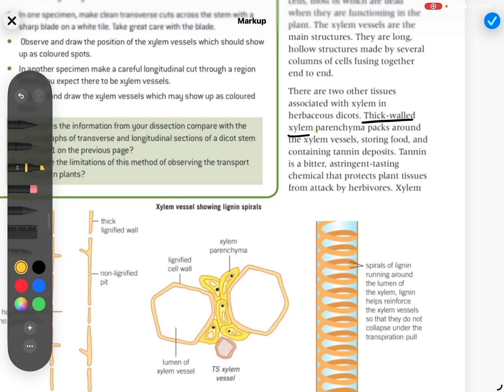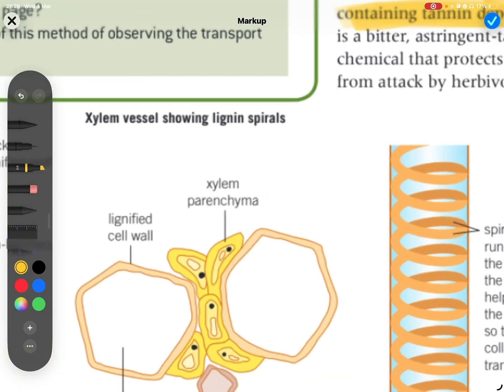Right here, parenchyma. It's an odd name. What this one does is it packs around the xylem vessels, the ones we just looked at. It packs around them, and these cells store food. And they contain tannin deposits. We'll get to tannin in a second.